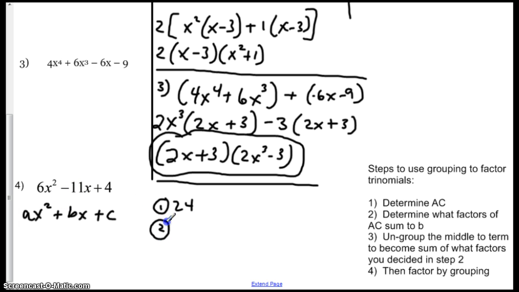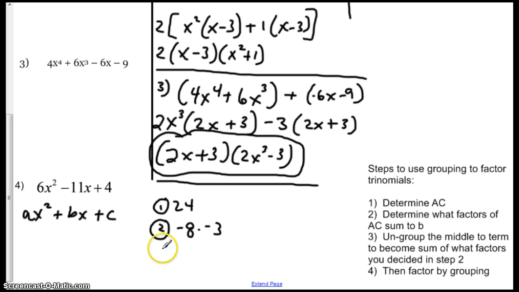So when I think about 24, I can think of 6 and 4, 8 and 3, 12 and 2, and 24 and 1. But they have to add up to negative 11. So I know they have to both be negative, and the only ones that are going to work that add up to negative 11 are negative 8 and negative 3.